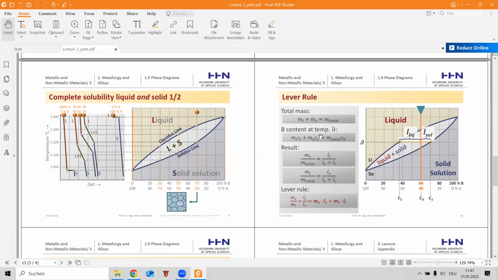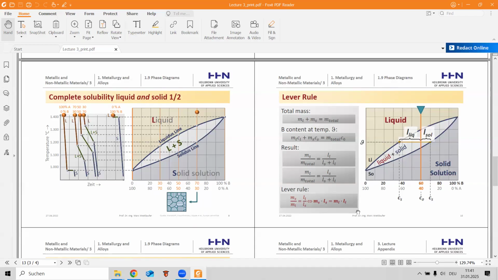And plotted at a certain temperature. So we multiply the mass of liquid times concentration of liquid plus mass of solid times concentration of solid.